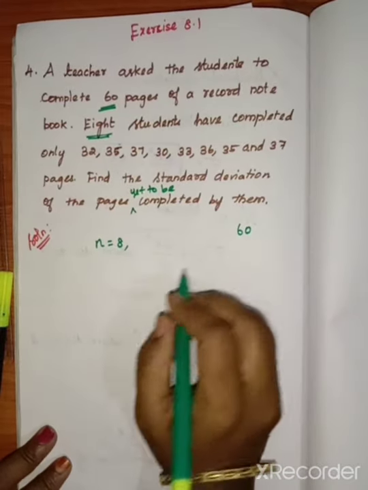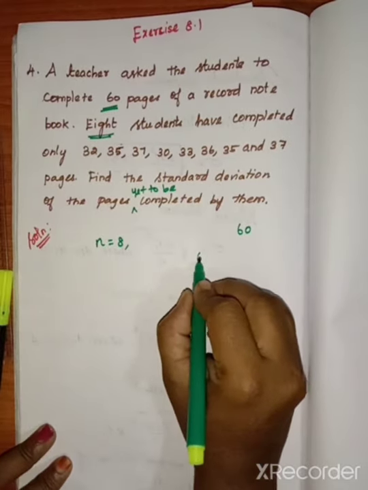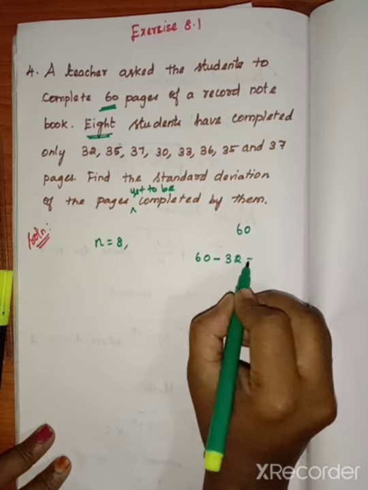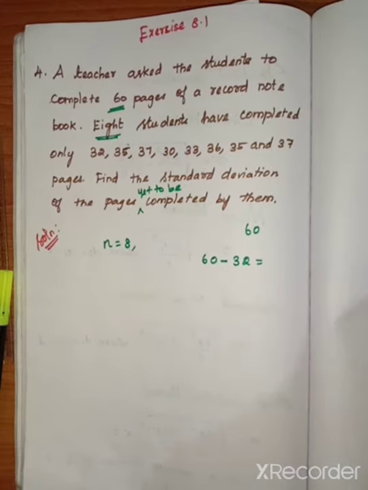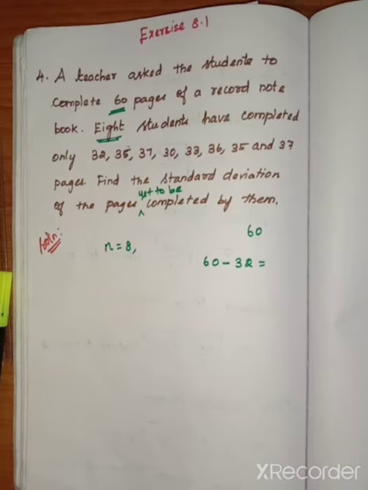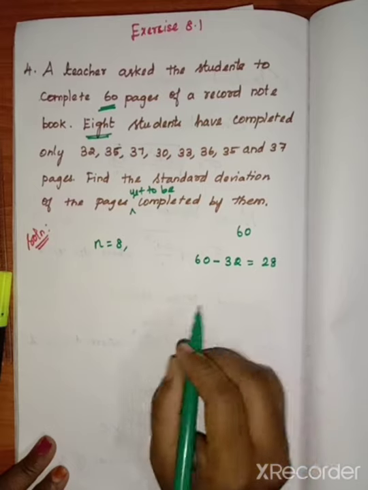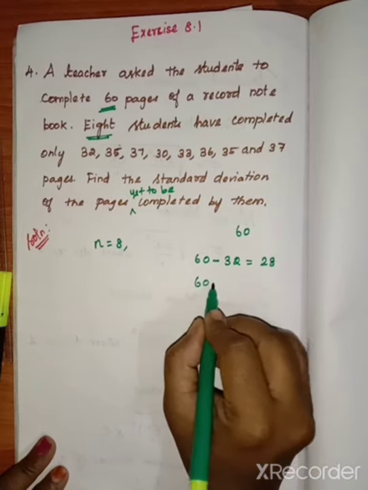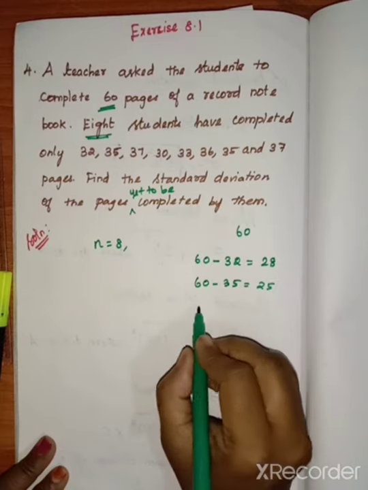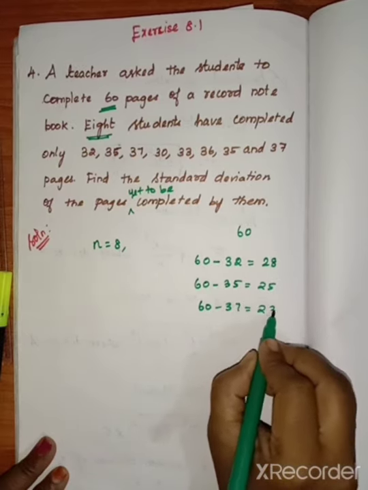So first of all, 60 minus 32. If we subtract, we get the value we need. 60 minus 32 is 28. Likewise 60 minus 35, 25. Then 60 minus 37, 23.